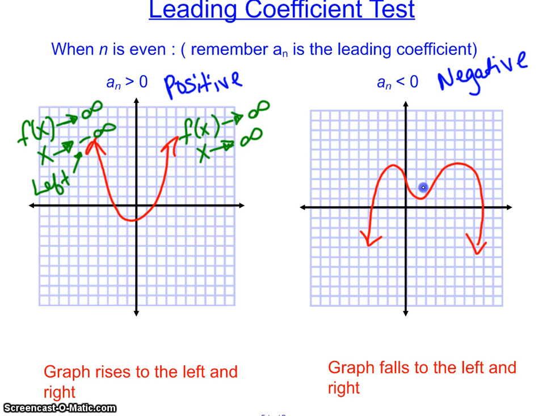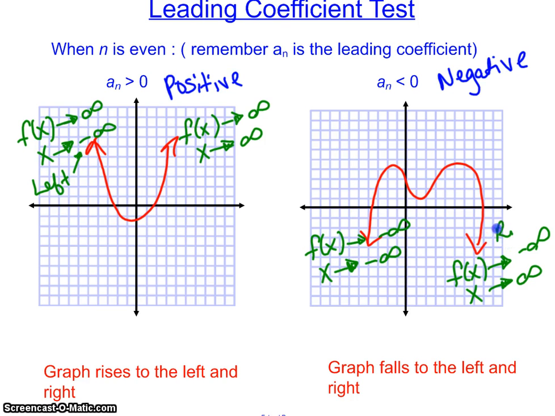Okay, now let's look at when a is negative. On the left, the end behavior on the left, your function is going down, negative infinity, as x goes left. On the right side, your function is going down as x approaches positive infinity.